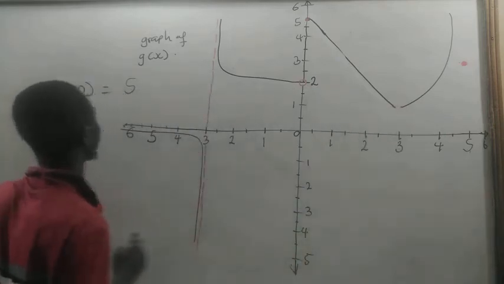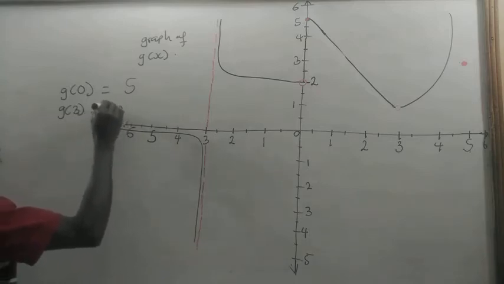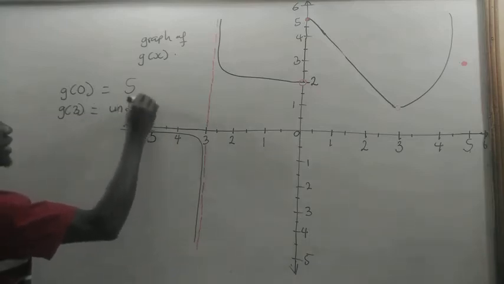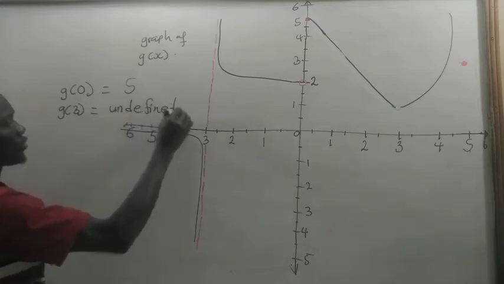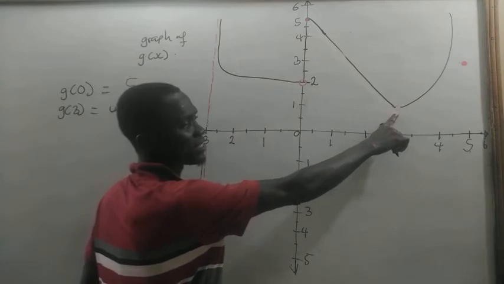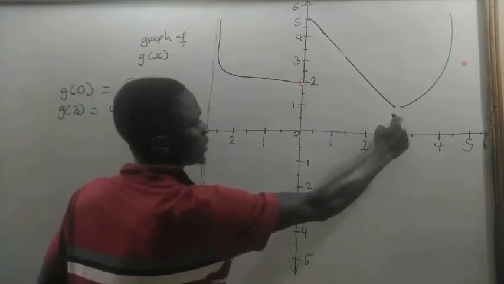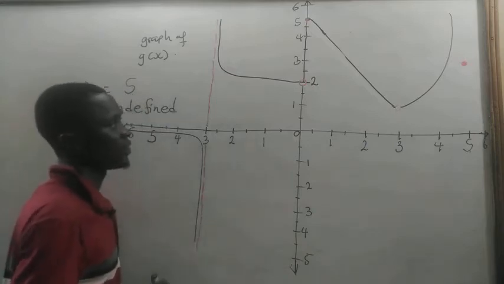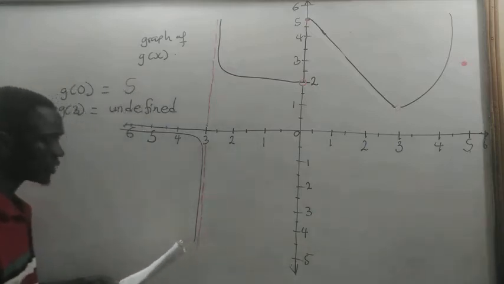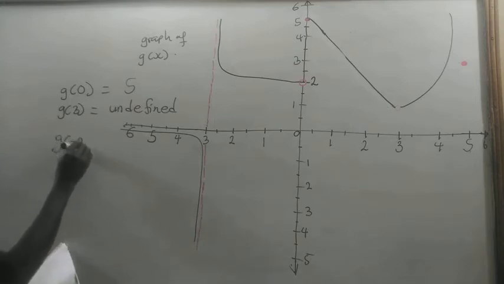So since there's an open circle there, g of 3 is undefined. G of 3 is undefined because of this open circle. Very simple as that.